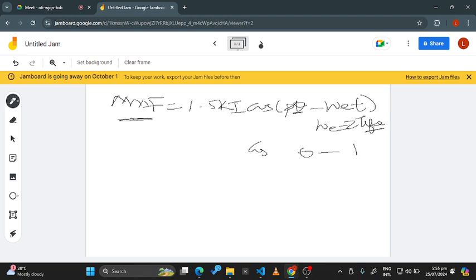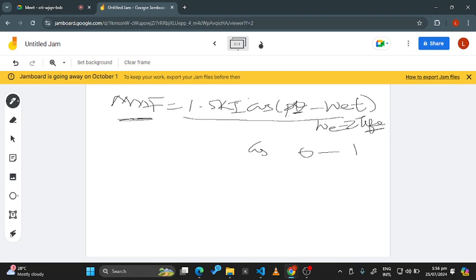It has values between 0 and 1. In order for this to be maximum, this cos of P times theta minus omega e t should be 1. And at what angle will cos give you 1?